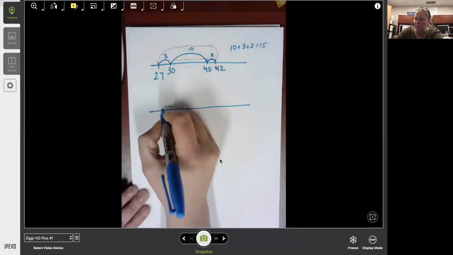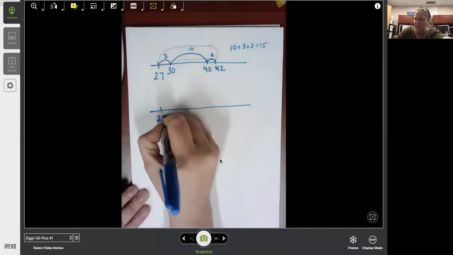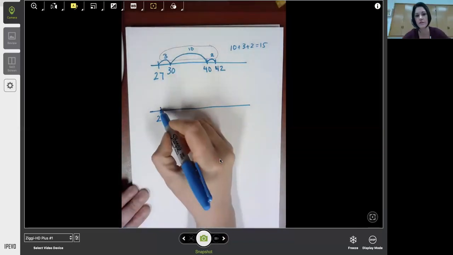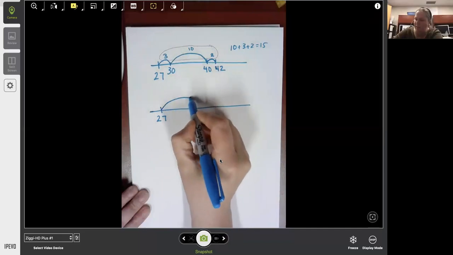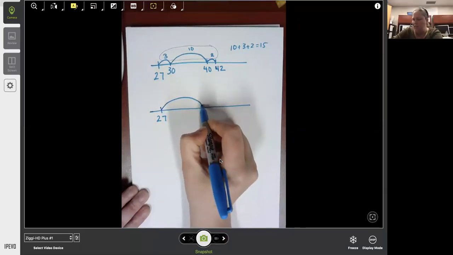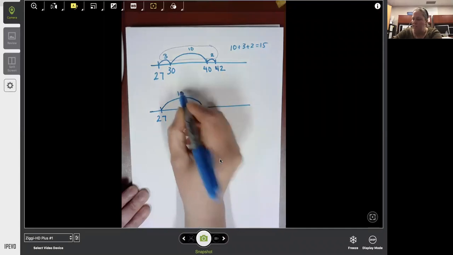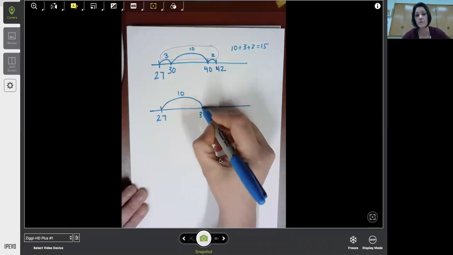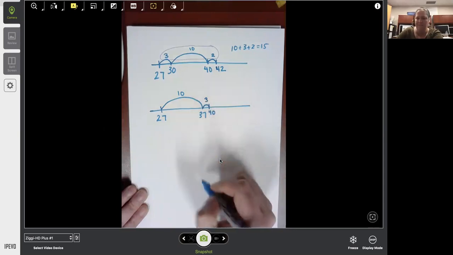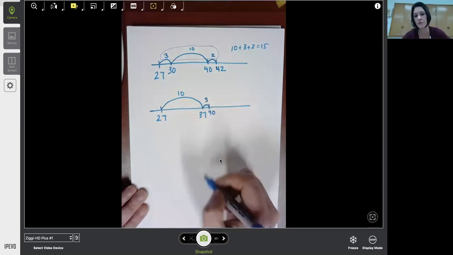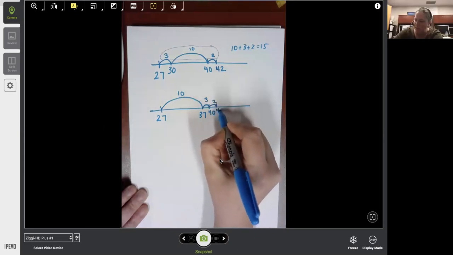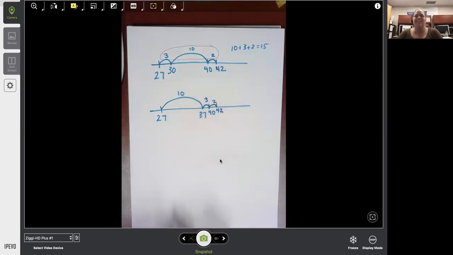So you started at 27 also, and then what did you do? I made a jump of 10 to get me to 37. Big jump of 10 to land you at 37. And then from there, I made a jump of 3 to get to 40, because that's an easier number to work with. And then I made my last jump of 2 to arrive at 42.